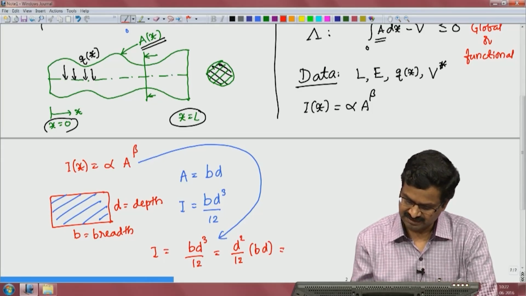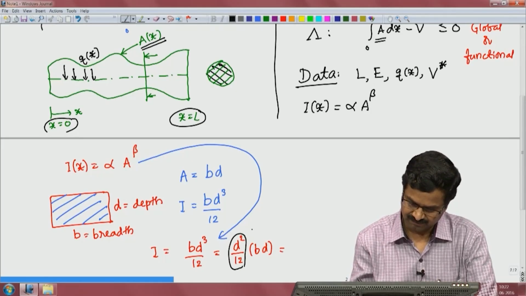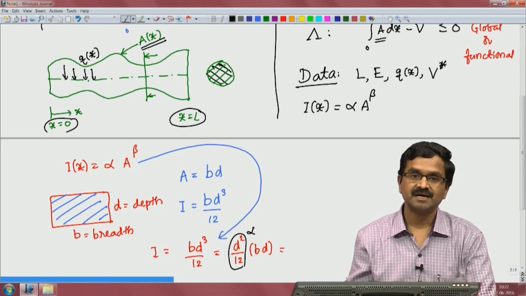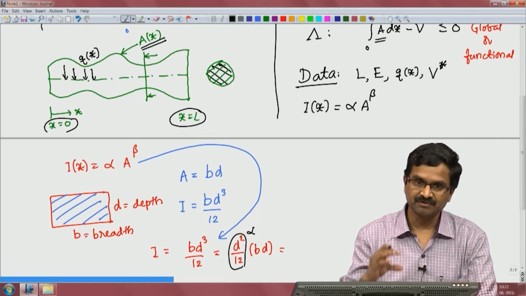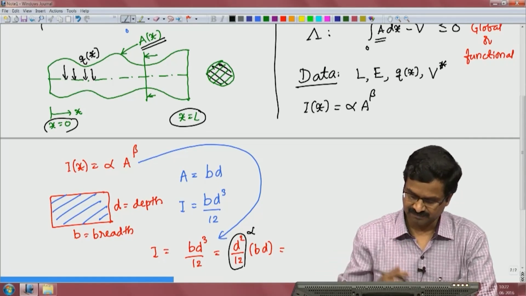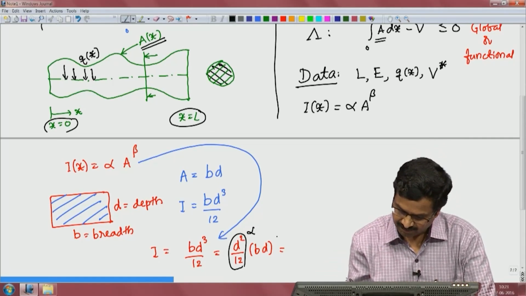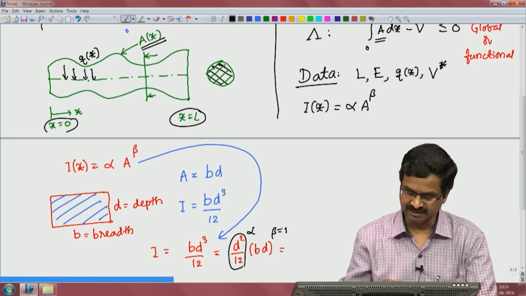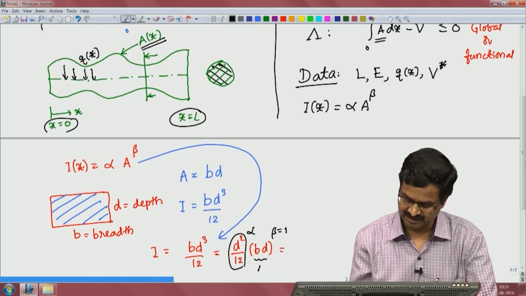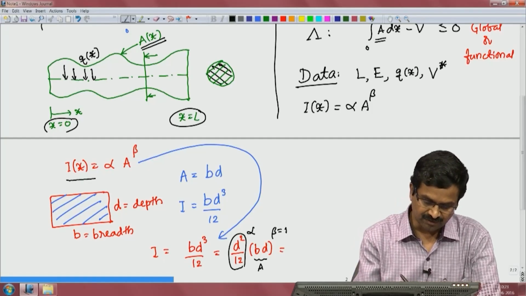If I do this, essentially what I am saying is that this quantity here is my alpha, okay, because D I am assuming the depth of the beam and vary the width, okay, and beta that we have will be equal to 1, because it is just the area, B d is area, right. So, we get in the form that we wanted.